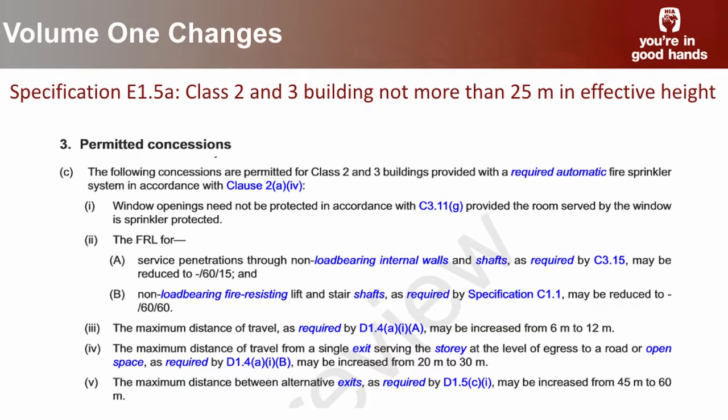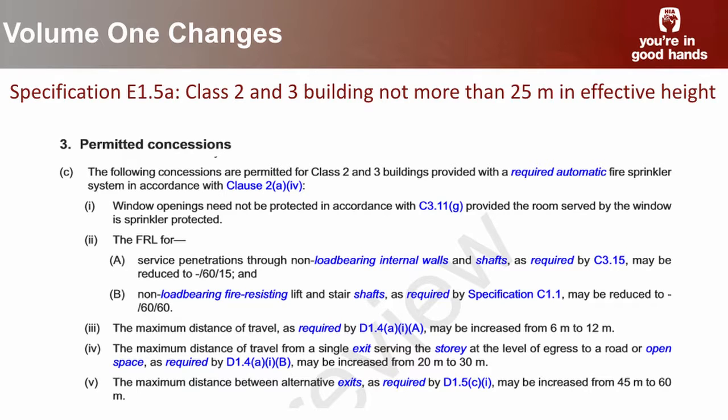Some of the permitted concessions include reduced FRLs. That might be for your service penetrations, and for some of your fire-rated walls around your lift shafts.